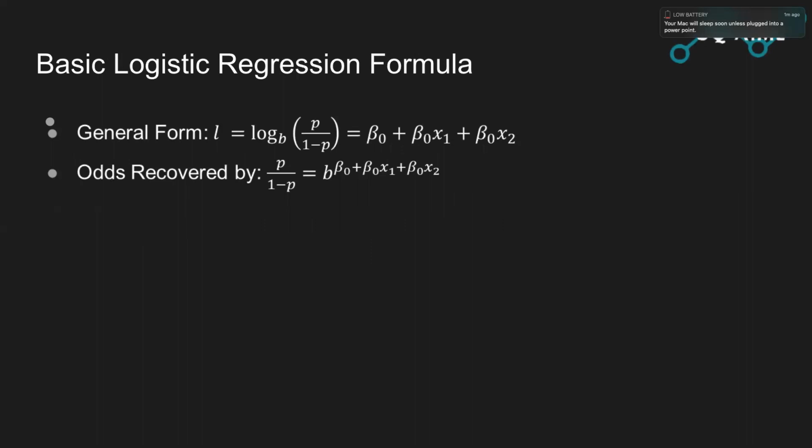This is the basic logistic regression formula. I'll quickly go through it, and the general form is as you can see here. The B0 plus B1X1, B2X2 and so on is reminiscent of linear regression, the mx plus c sort of thing, and you have that against the log of the odds, which is a little bit different from the actual logistic regression formula.